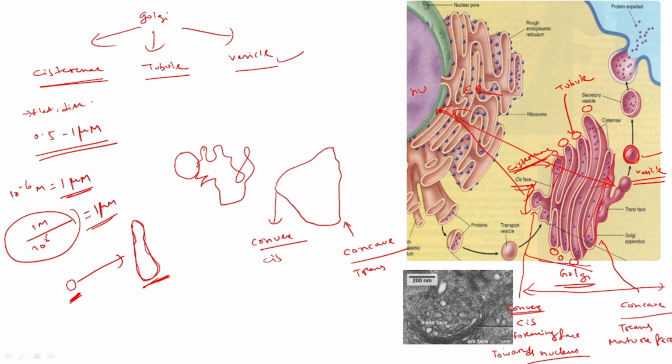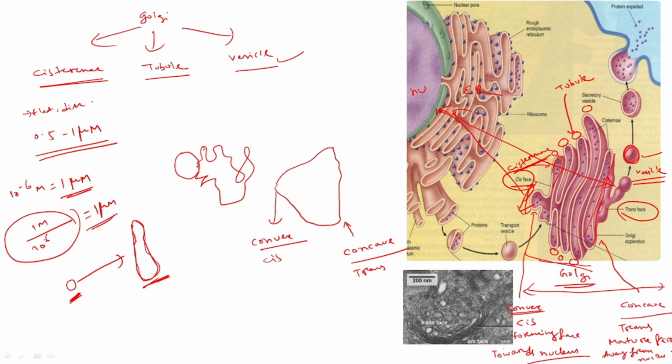So this is the cis face, this is the trans face. The cis face is convex, the trans is concave, the cis is the forming phase, and the trans is the mature phase. The cis is towards the nucleus, and the trans is away from the nucleus.